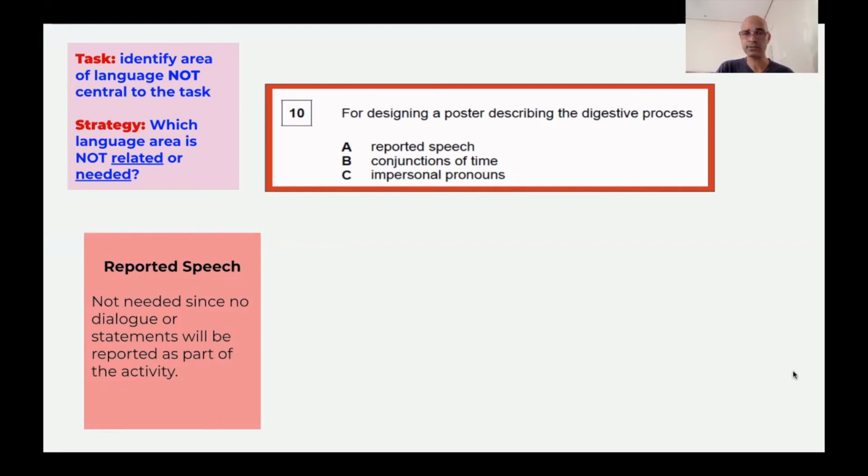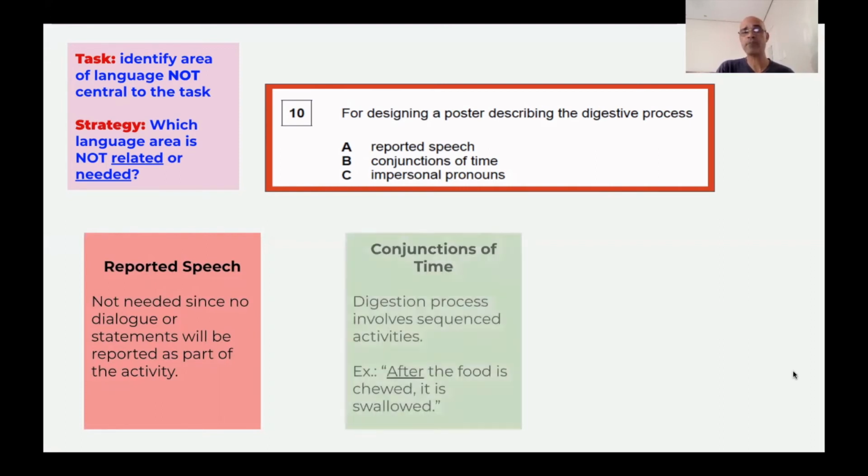So it's not central. Conjunctions of time are central because the digestive process is a sequential process. It has steps. First, you put the food in your mouth, and then you chew on the food, and then you swallow the food. The food goes through your esophagus to your stomach.